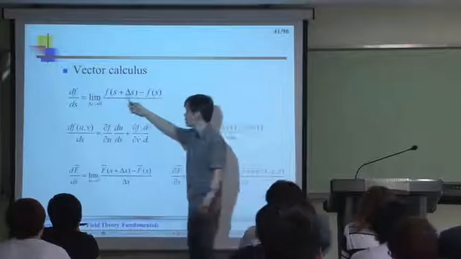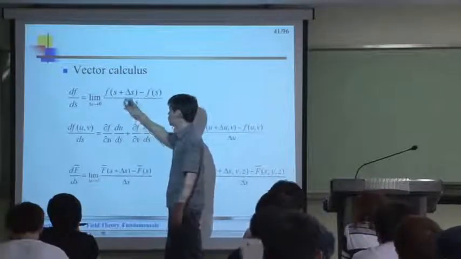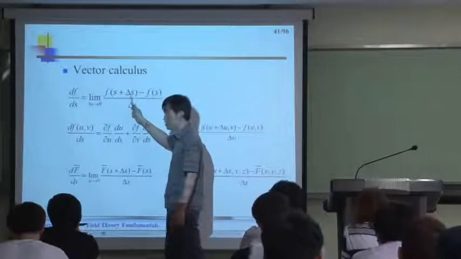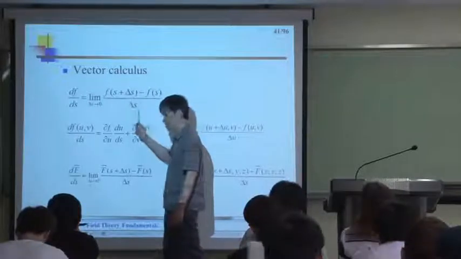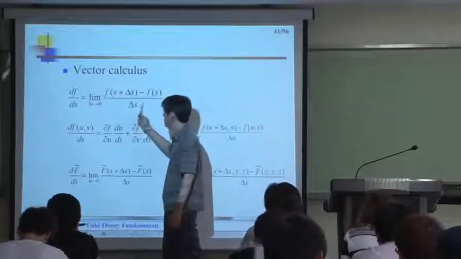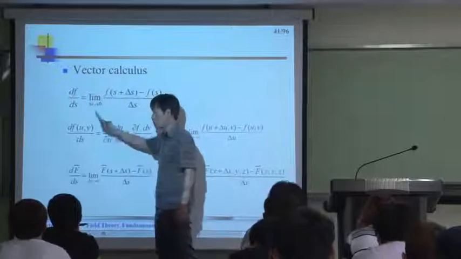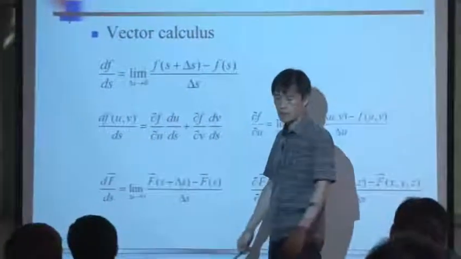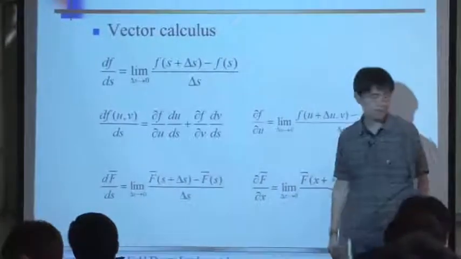So the small change as you are changing the variables, that change should be divided by the difference of the variable, and you can take the limit of the infinitesimally small change. Then you can get the differentiation.